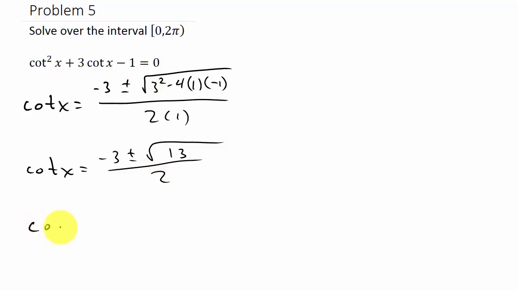So cotangent x is negative 3 plus square root of 13 divided by 2, and that is 0.303. We'll round it to 3 decimal places.